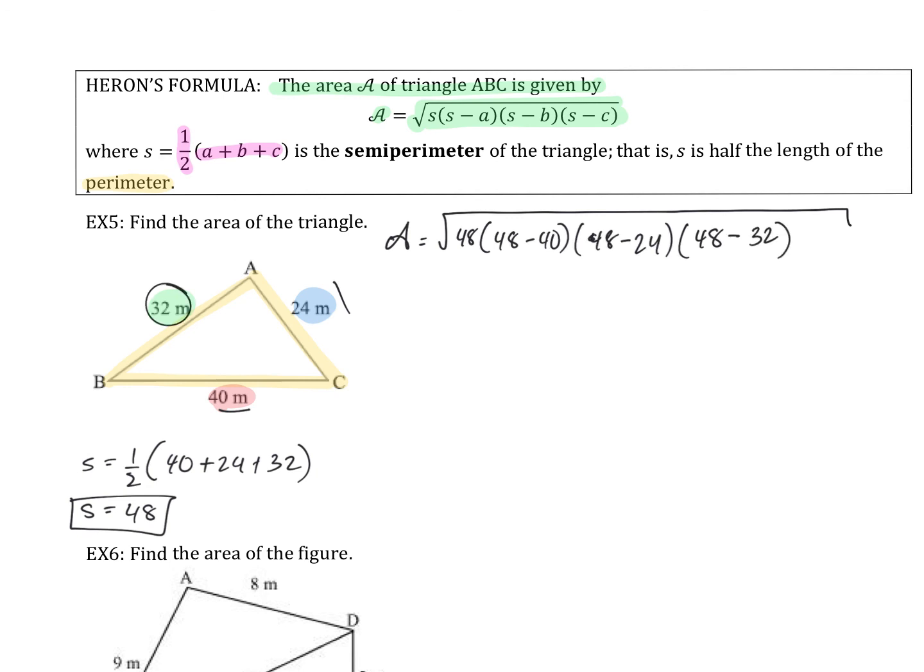Okay, so we've got all those values. We go ahead and fix my square root sign, and then you could plug that into your calculator, and you get that A is equal to approximately 384, and we would say meters squared because we were given a unit, so be careful with that. Meters squared.